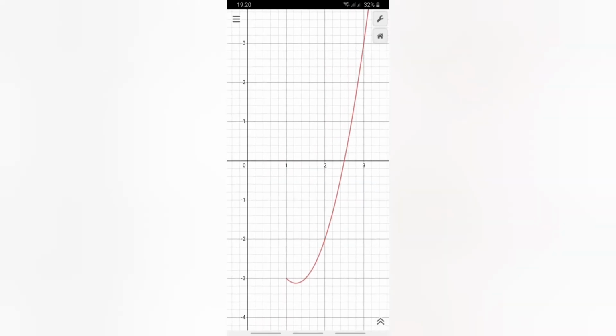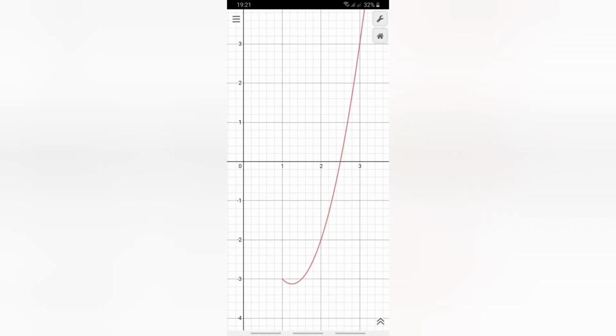And the thinking that you need to have behind it is that usually it would have been a simple quadratic graph that would have the minimum in its vertex, and then it would go up to infinity, right?